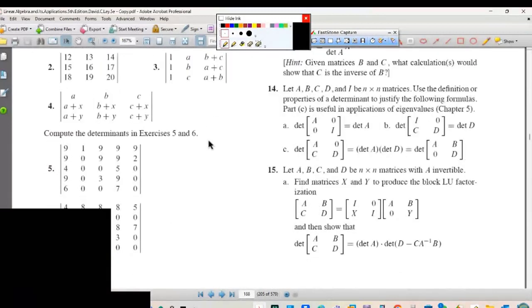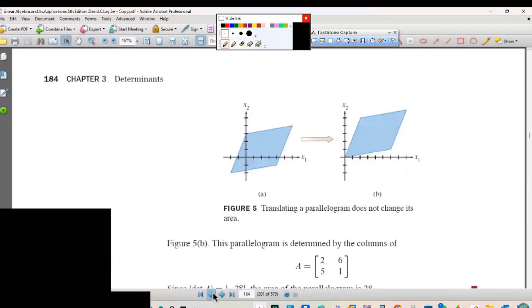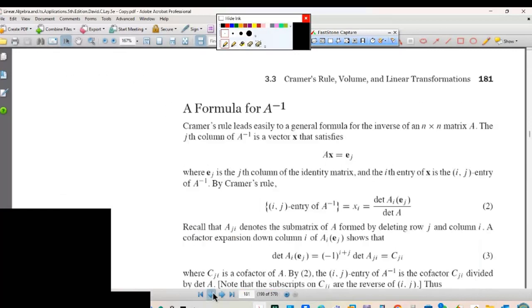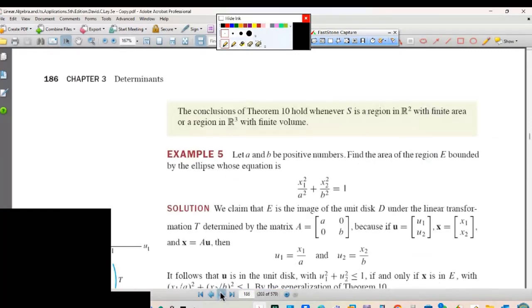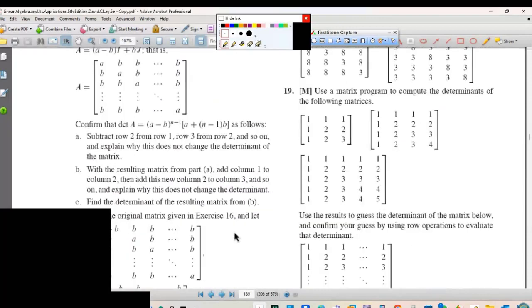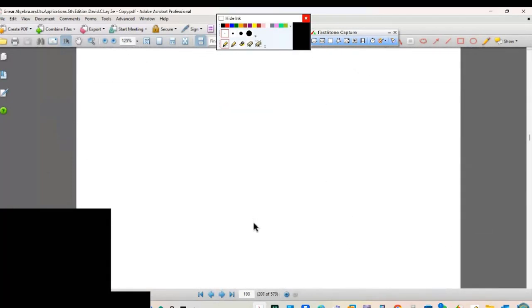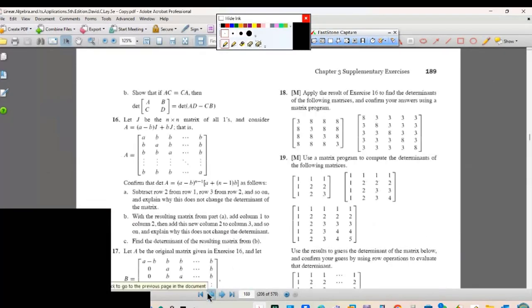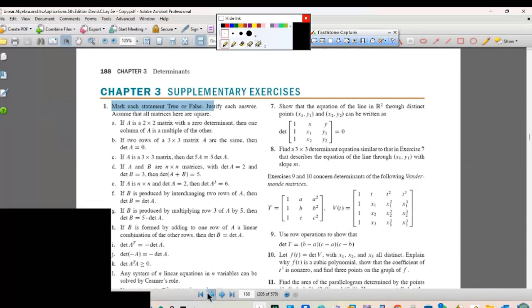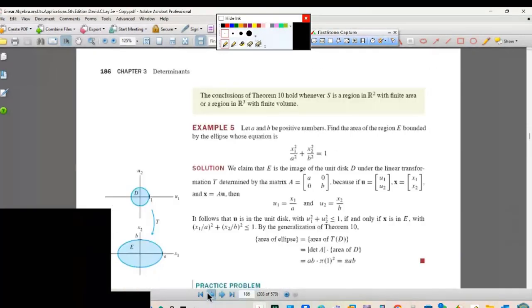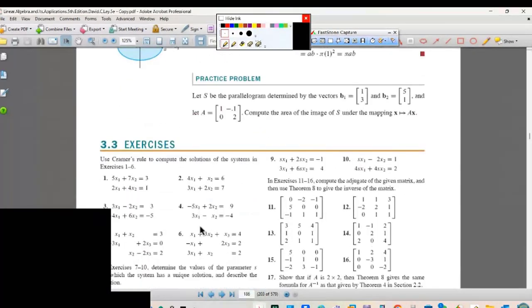Try to read this one. So let's check the answer. And this one. Here. Yeah, exactly.